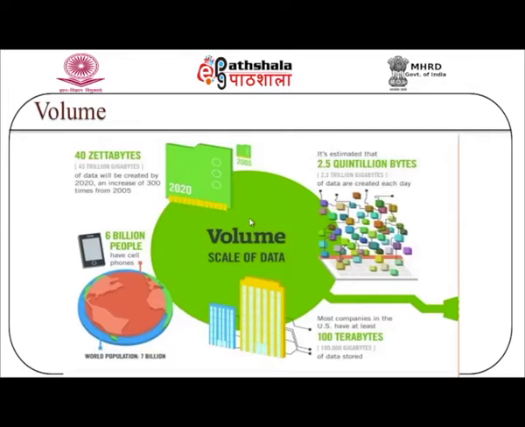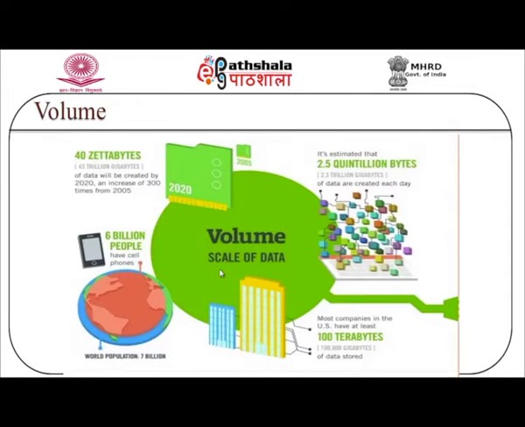If you look at the volume of big data, from this figure we can see the scale of data that we receive. Say in 2020, about 40 zettabytes of data, that is 43 trillion gigabytes, will be created, an increase of about 300 times over 2005. About 6 billion people will have their own cell phones, since the world population may reach about 7 billion.